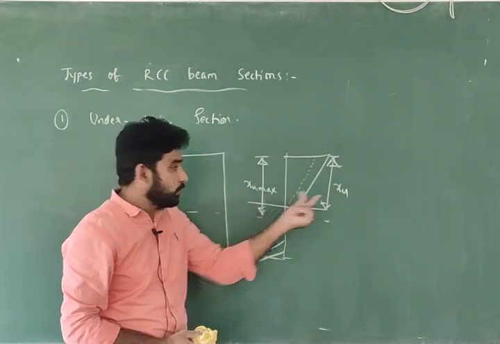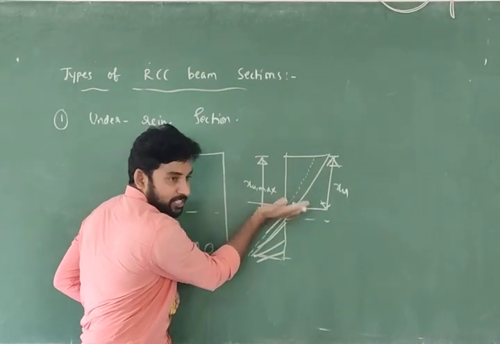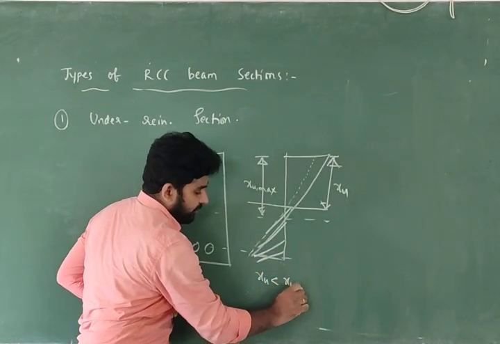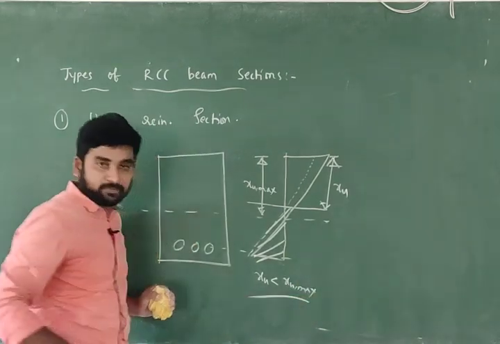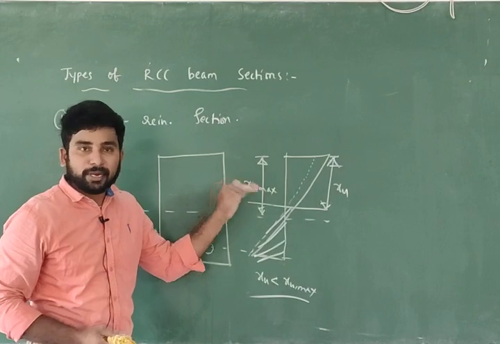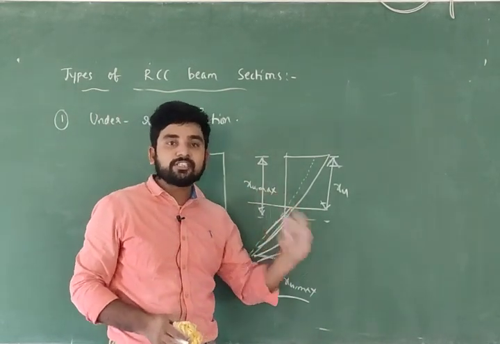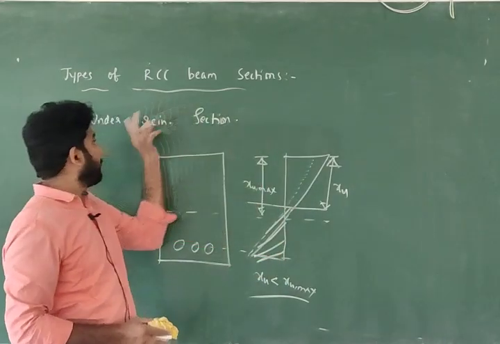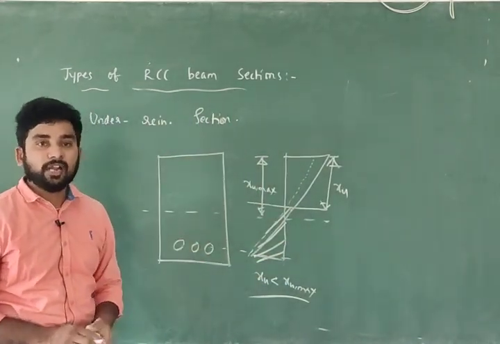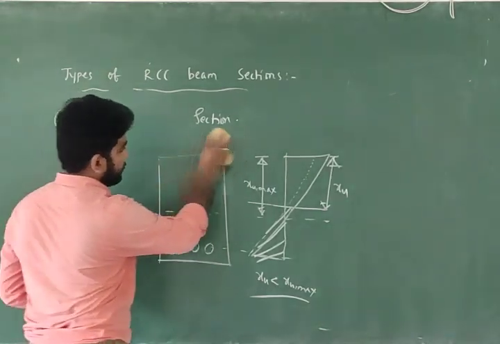XU maximum is more, XU is less, because steel is under more stress, so your XU is less than XU maximum. So this type of section is practically useful whenever you are going to design any structure. You always prefer these under reinforced sections. This is very good for designing purposes.